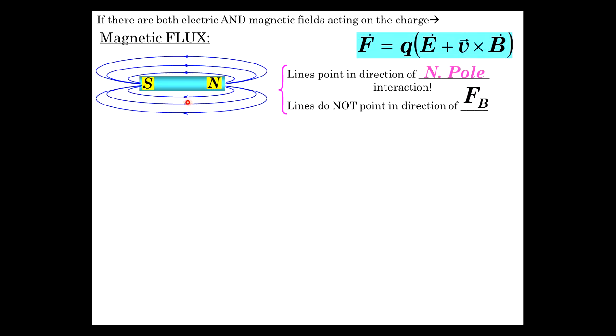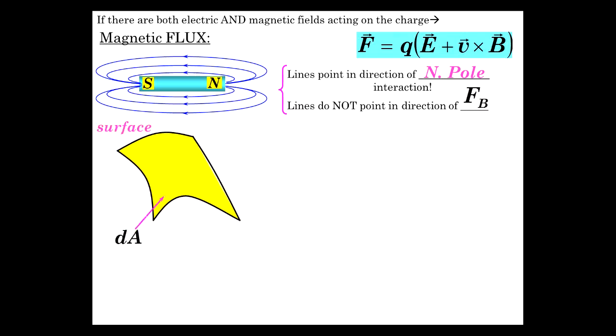So even though the compass needle lines up with these magnetic field lines, that doesn't mean that's the direction of force on the moving charge, which is what FB is talking about. FB is the force on a moving charge. That's not the direction that the compass needle points, okay? It's QV cross B. It's perpendicular to the VB plane. All right, so make sure you understand that. That's a very easy misconception to maintain.